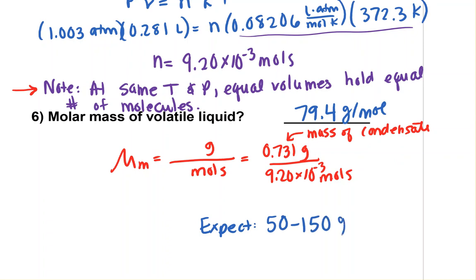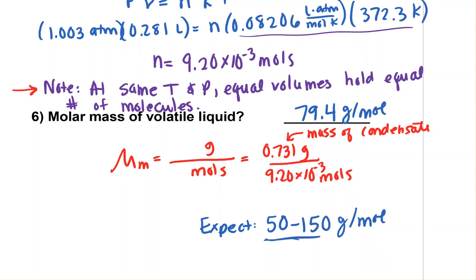A lot of the simple mistakes you might make doing this calculation will result in a molar mass that is way off. In other words, if you don't use the atmospheres and you use millimeters of mercury instead, it'll throw this number way off.